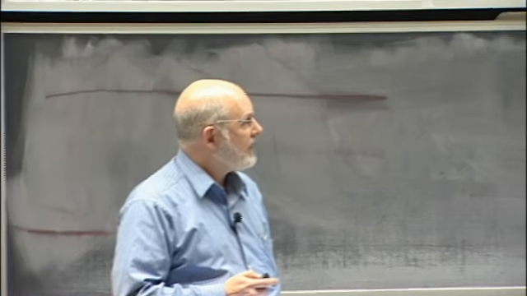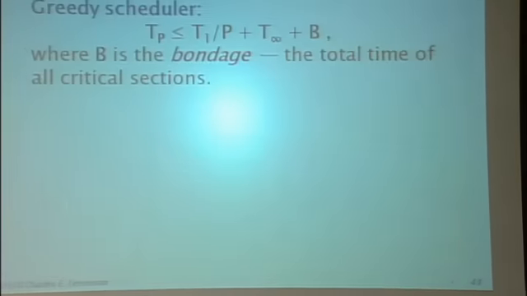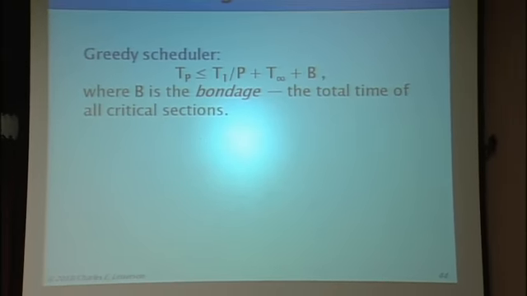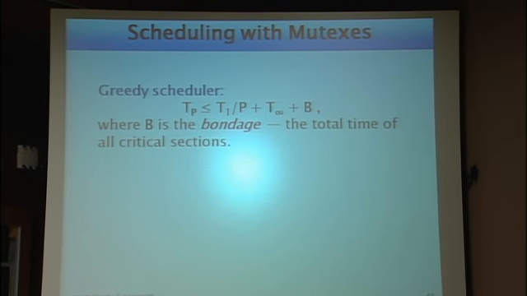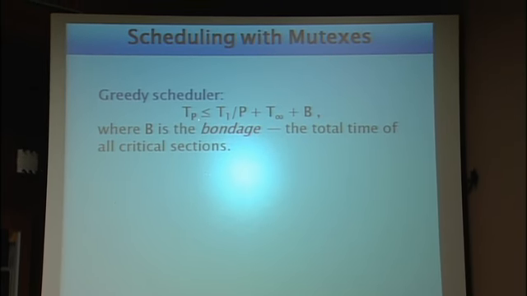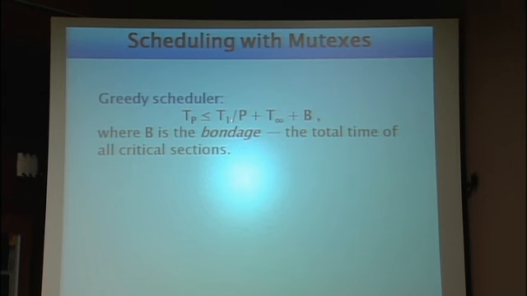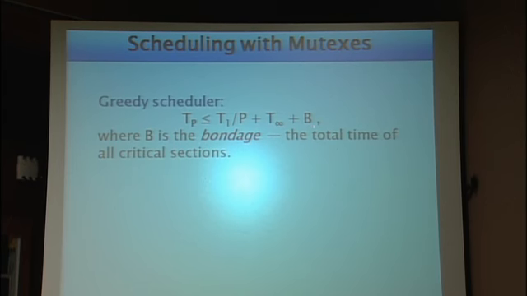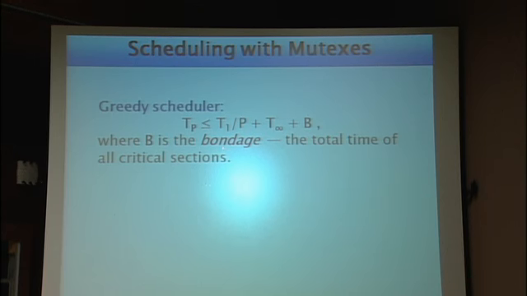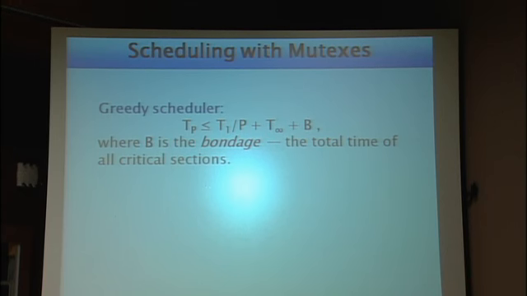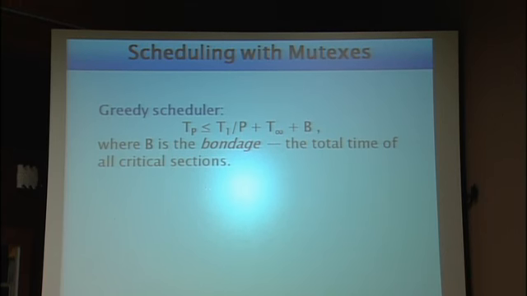So in this case, we have lock contention that takes away our parallelism. Unfortunately, very little is known about lock contention. For the greedy scheduler, you can show that it achieves T1 over P plus T infinity plus B, where B is the bondage. That is, if you add up the total time of all critical sections.